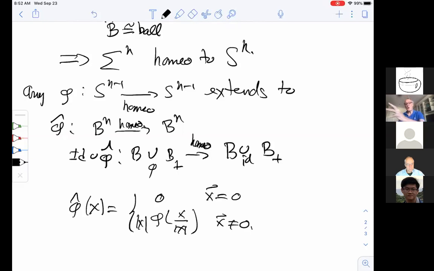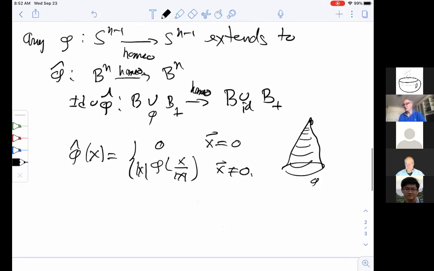So you just cone the homeomorphism of the boundary to the origin. Whatever the homeomorphism here, just do the same homeomorphism on every radius level, every radial sphere, and then extend over the origin. It's clearly a continuous map. It's a bijection. These are compact spaces, so it has to be a homeomorphism.